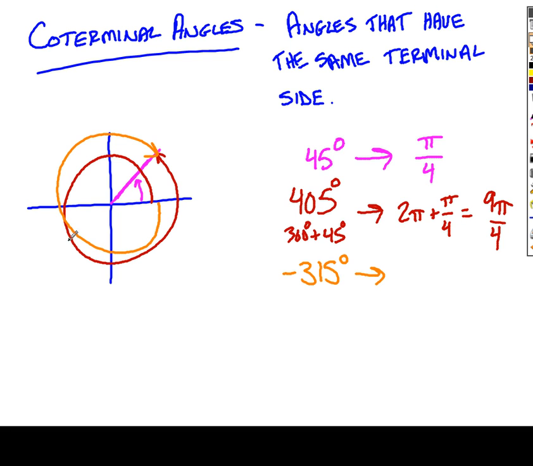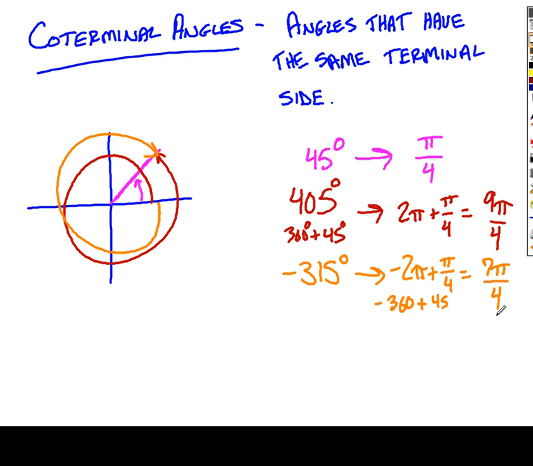If I went all the way around, it'd be negative 360 degrees, a negative 2 pi. But I want to take away a pi over 4 from that. So really I want to say 360, but I want to get rid of 45 degrees, so we add back that 45 degrees. That'd be negative 2 pi, but I need to add back that pi over 4. I end up getting negative 7 pi over 4 as my answer.